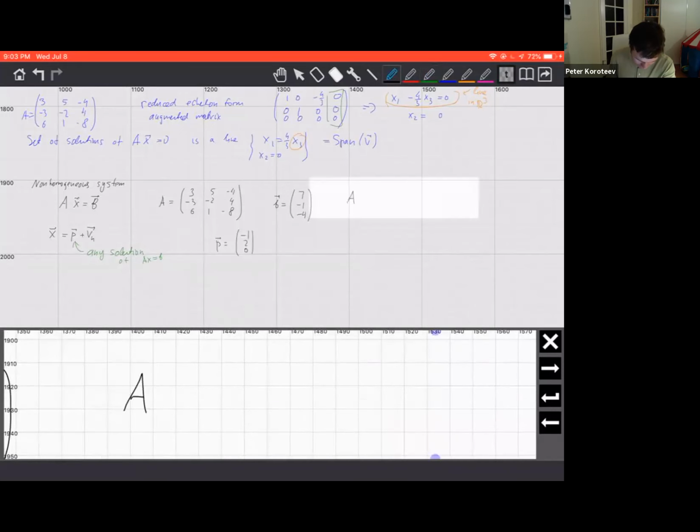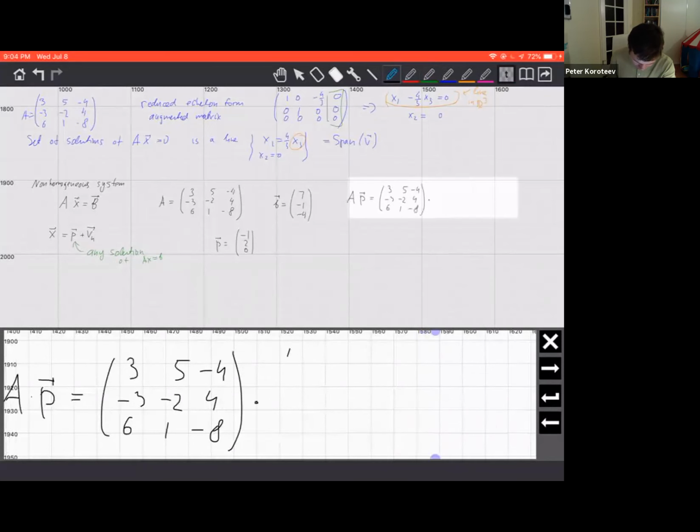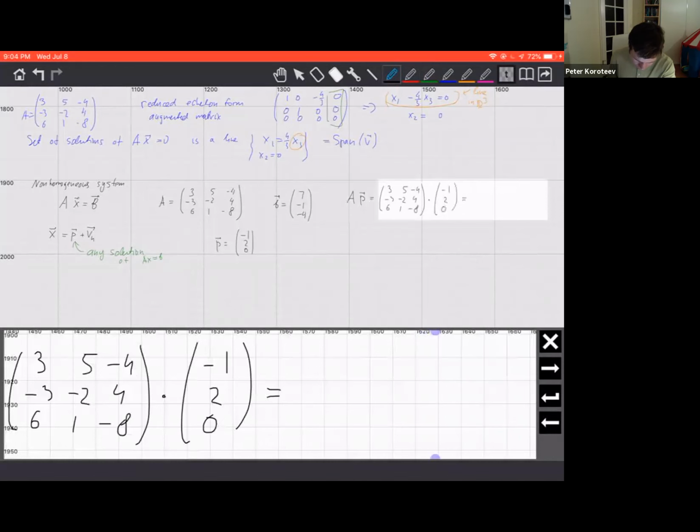So A times p is equal to what? It's the matrix 3, 5, -4, -3, -2, 4, 6, 1, -8. Now multiply this matrix by vector -1, 2, 0. Which vector are you going to get?